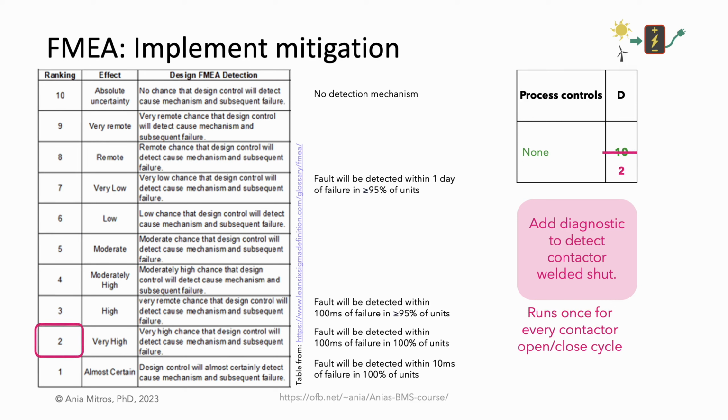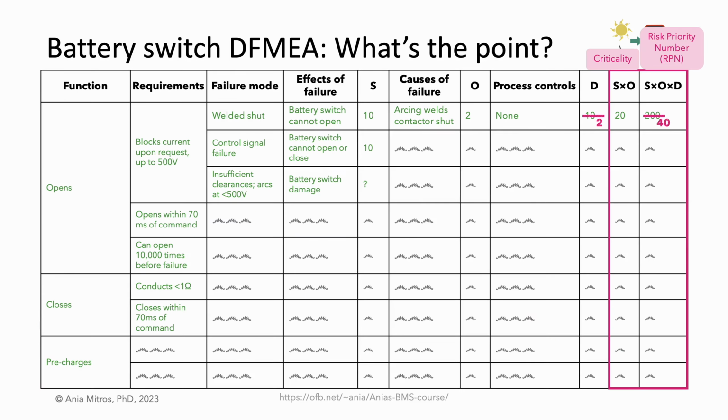I admit I'm just making up a detectability value, but it for sure will be less than the 10 we had before. So now we can update our table, and perhaps the contactor welding shut is no longer our top priority, and we move on to mitigate the failure with the next highest criticality, or RPN.